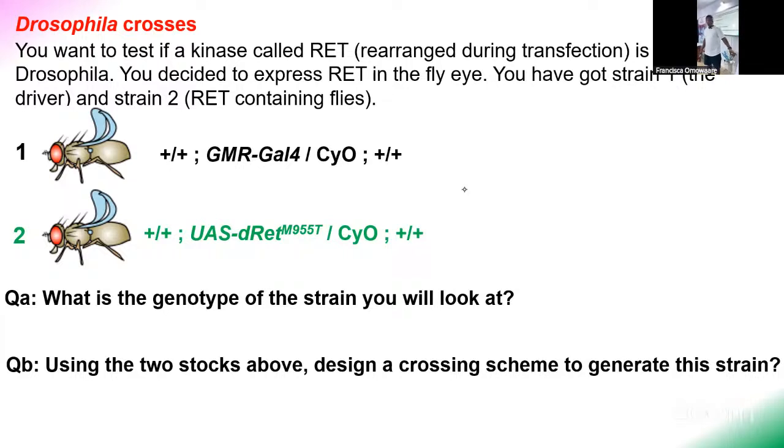The genotypes you're interested in are the plus over plus, GMR GAL4 over UAS red females, and the plus over Y, GMR GAL4 over UAS red males. Anything that has a balancer, bin. Happy with that? Good.